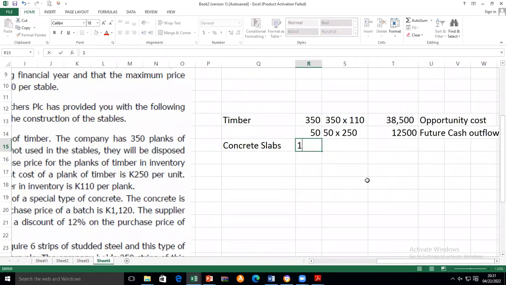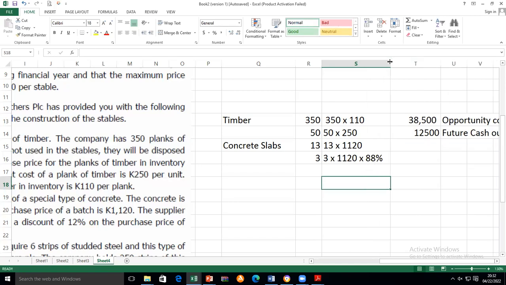So those 13 batches and the 3, this 13 will be at what price? Original price, 1120. And these 3 will be at what price? 985.6. I must multiply this by what? The discount is 12%, so you only pay how much? 88%. Excellent, well done.